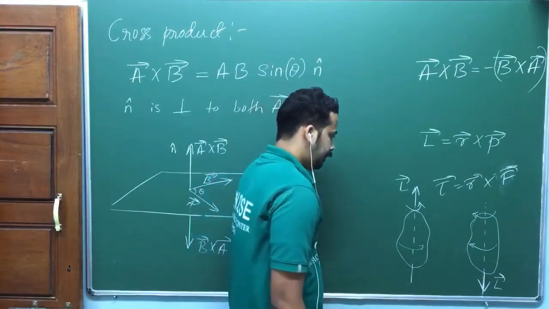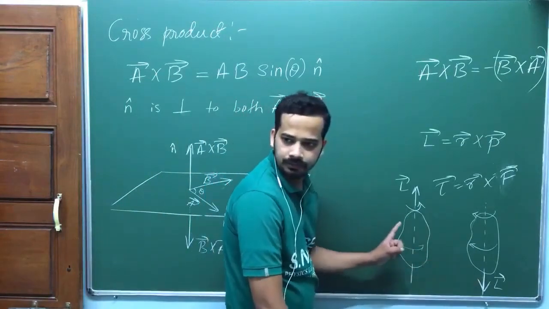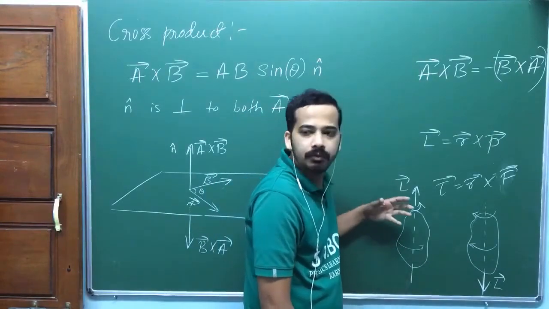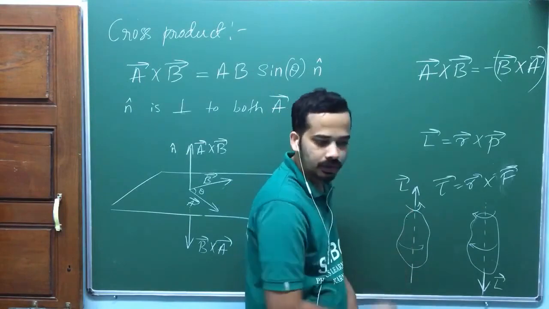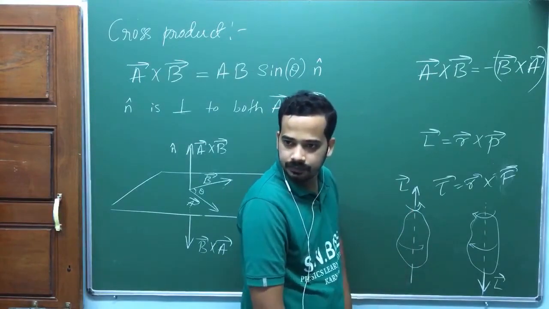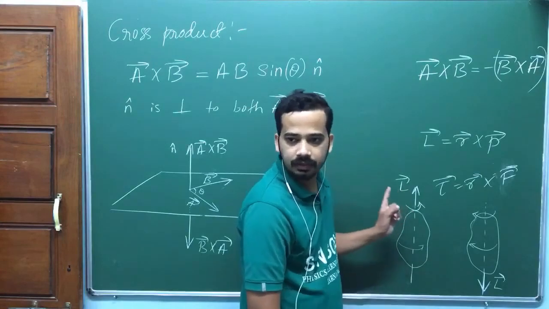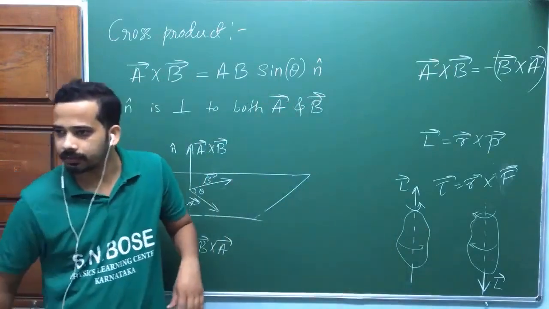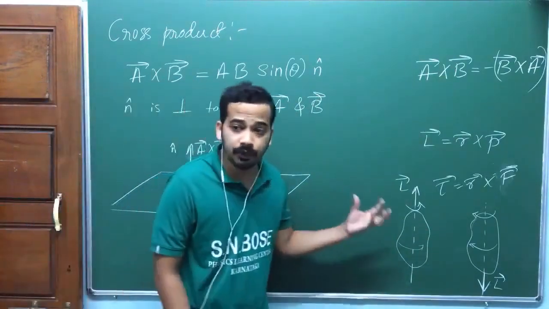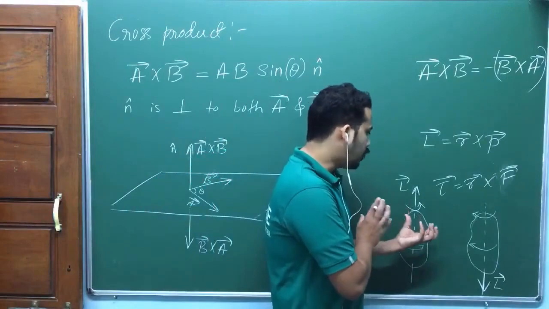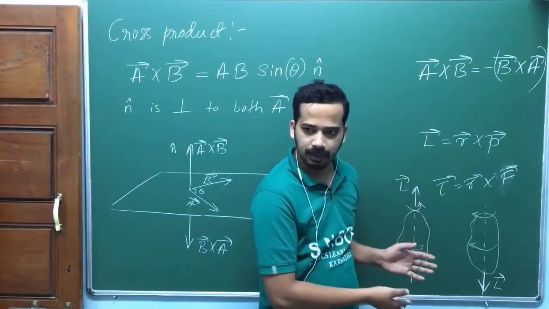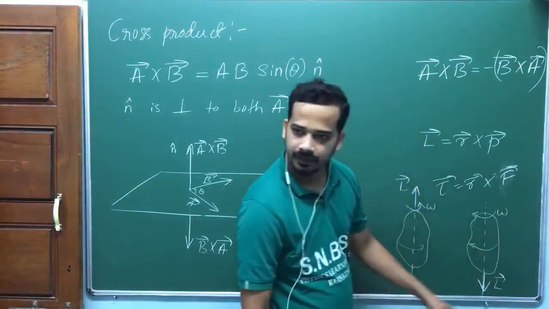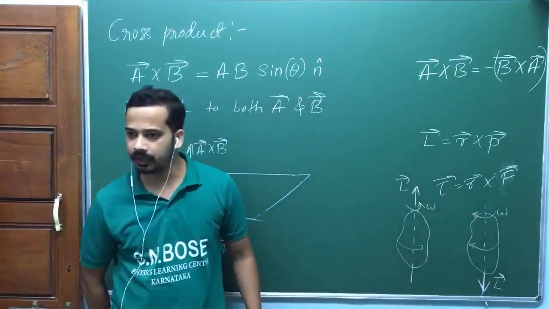Now look here. This is opposite to this one. That is why this vector contains the information whether the body is rotating clockwise or anti-clockwise. That information is there in the cross product. How much angular momentum is the magnitude, and the magnitude may be the same in both cases. Suppose I take the same omega.